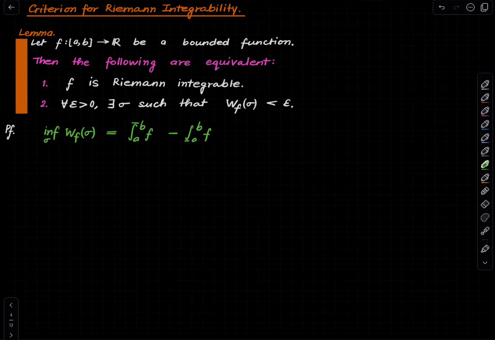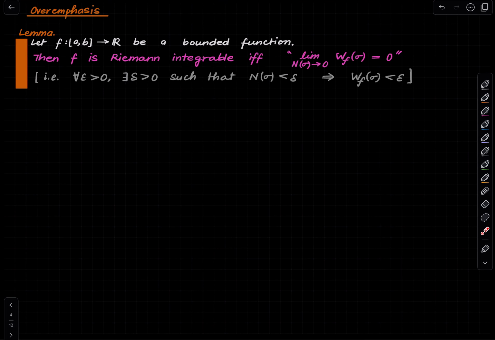From this, you can immediately show the equivalence. So if f is Riemann integrable, then by definition this is 0, and hence this is 0, which means this is true, and conversely. But it is a very good thing to keep in mind. Okay? So now let's move on.